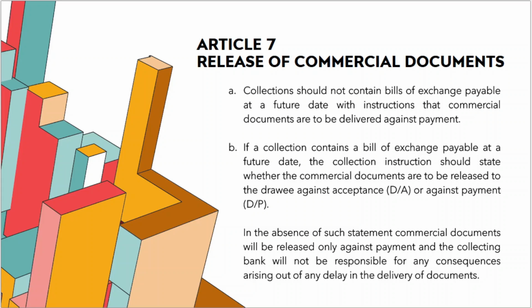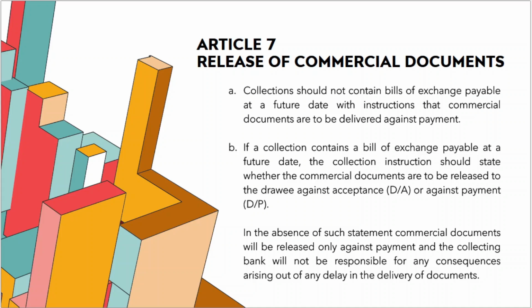Subsection A of Article 7 says, collections should not contain bills of exchange payable at a future date with instructions that commercial documents are to be delivered against payment. Section B says, if a collection contains a bill of exchange payable at a future date, the collection instruction should state whether the commercial documents are to be released to the drawee against acceptance or against payment.